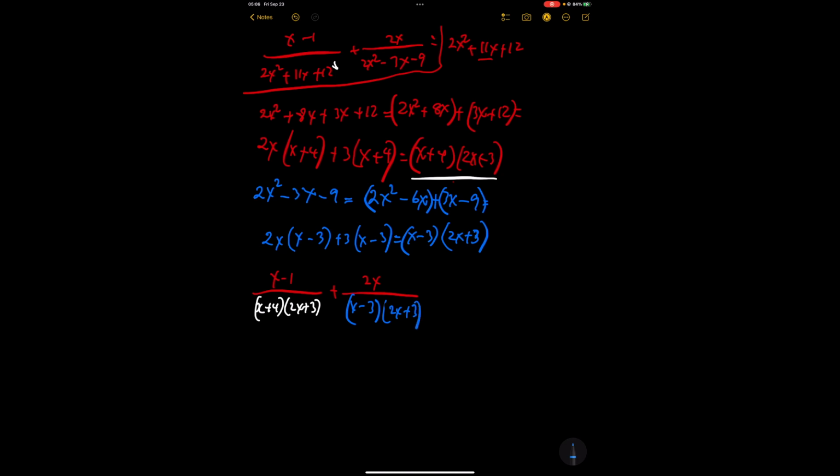So, do I have something in common? Yes, I already have 2x plus 3 in common on both sides. That means I don't need to write it again. So what I'm going to do is write the new denominator, which will be as follows: x plus 4 times 2x plus 3 times x minus 3.